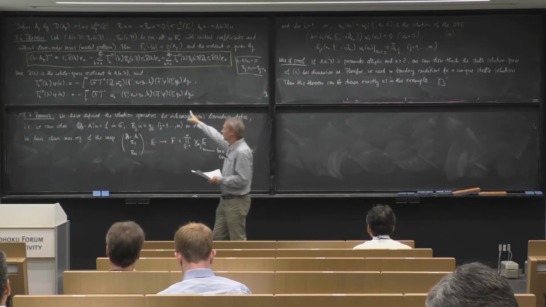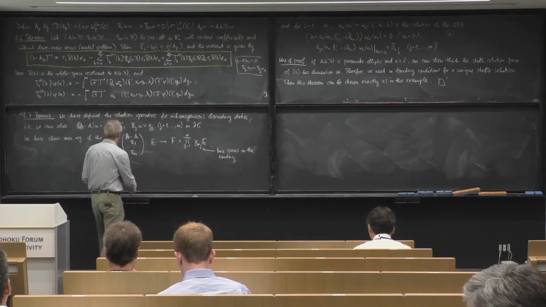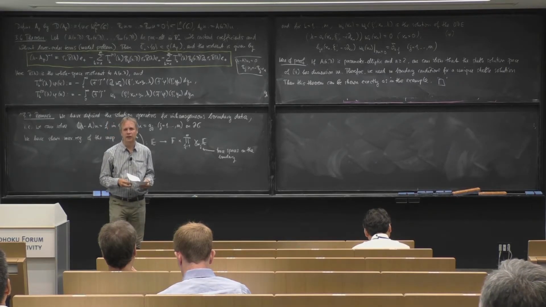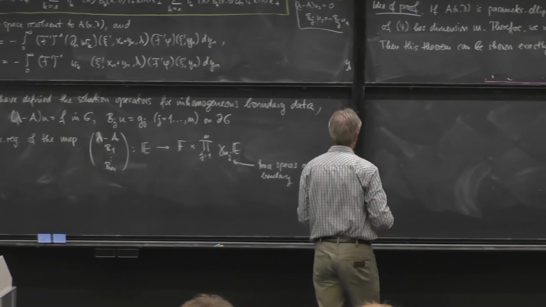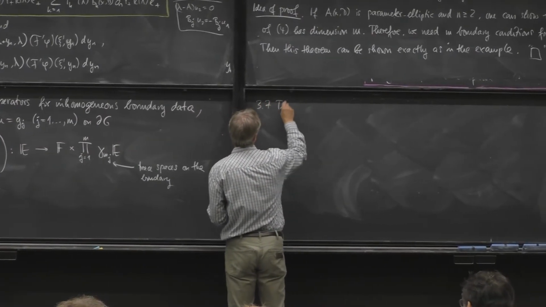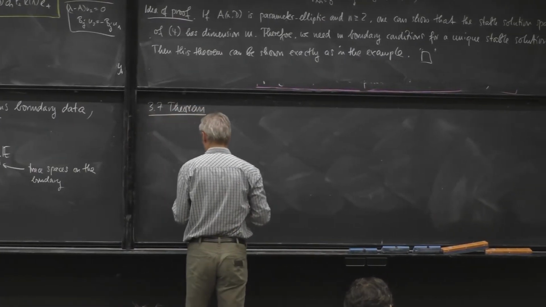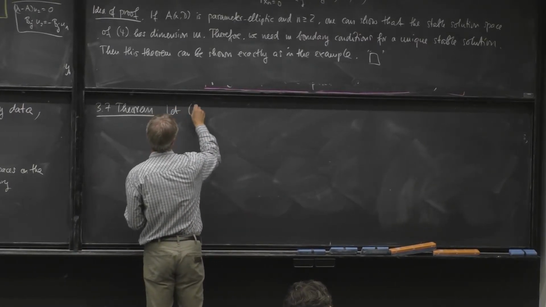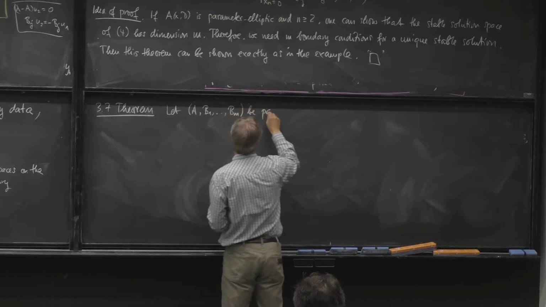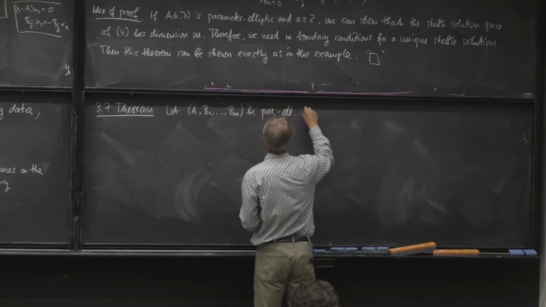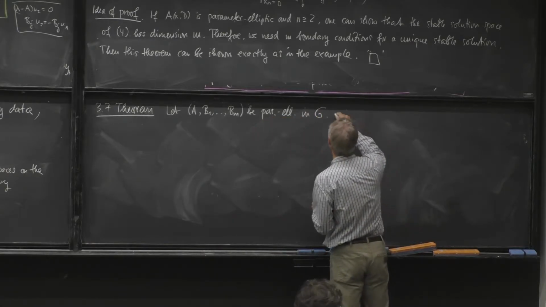But now we have the description of the resolvent, and now we use the machinery of R-boundedness to show that this is R-sectorial. So we have the following final result here. Let A, B1 to Bm be parameter elliptic in G. Now again, general domain.